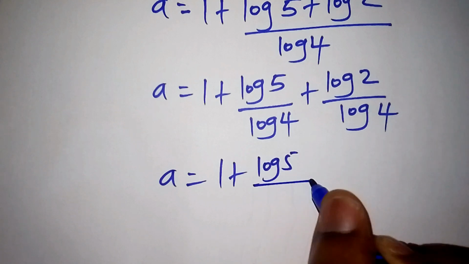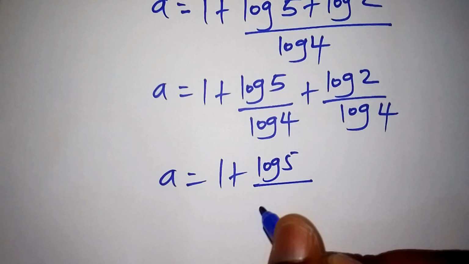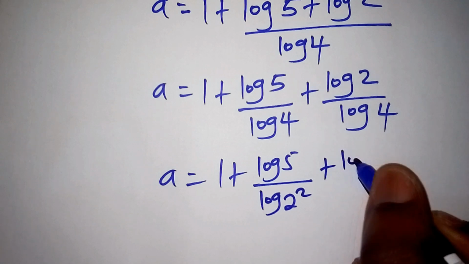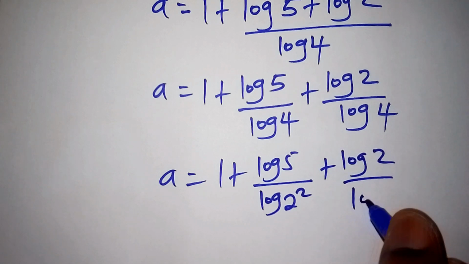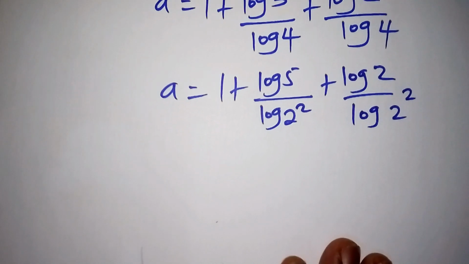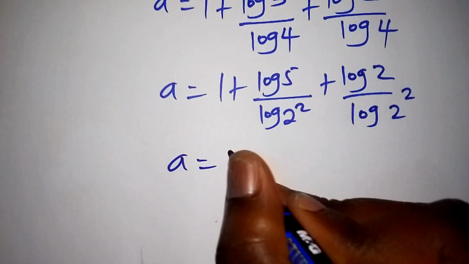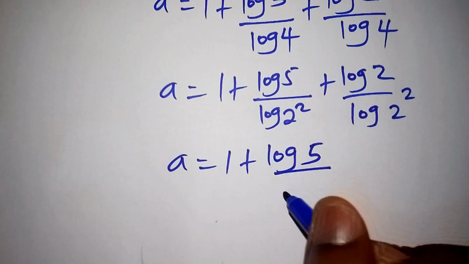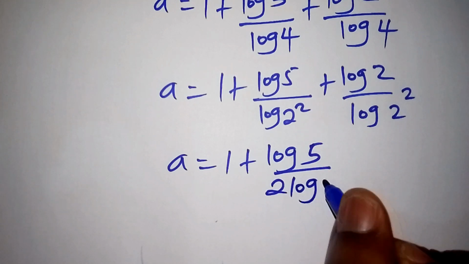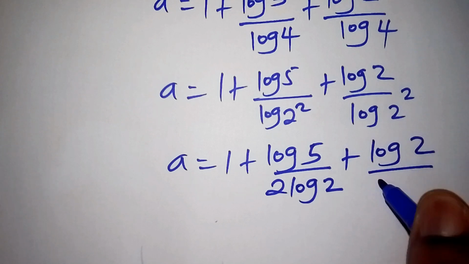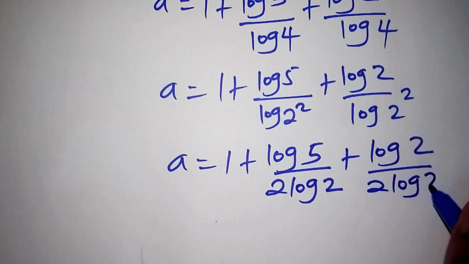So a equals 1 plus the log of 5 over, since log 4 can also be written as the log of 2 to the power of 2, plus log 2 over the log of 2 to the power of 2. So a equals 1 plus the log of 5 over 2 log 2, plus the log of 2 over 2 log 2.